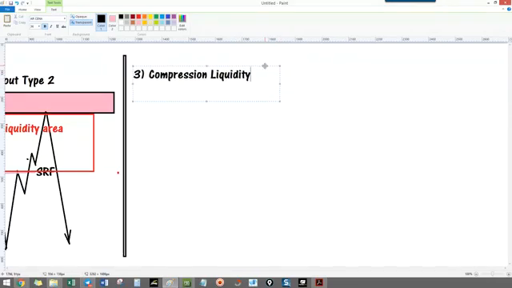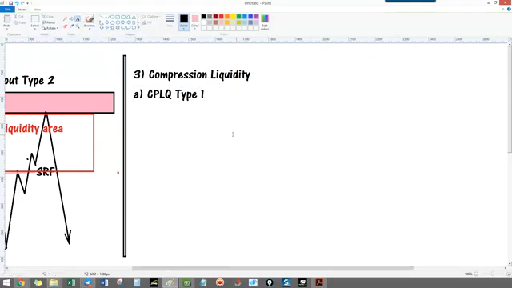So you will have two sub patterns. CPLQ, compression liquidity CPLQ type 1. So CPLQ type 1 is actually the combination of type 1 fake out and compression.